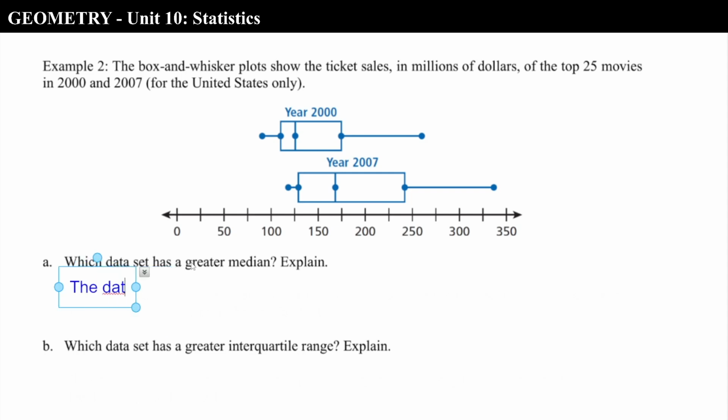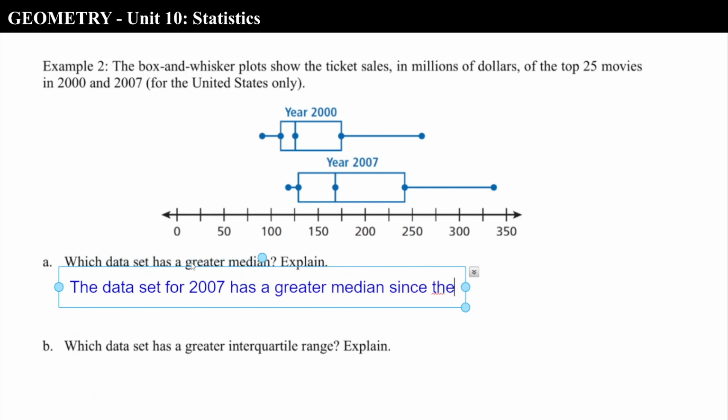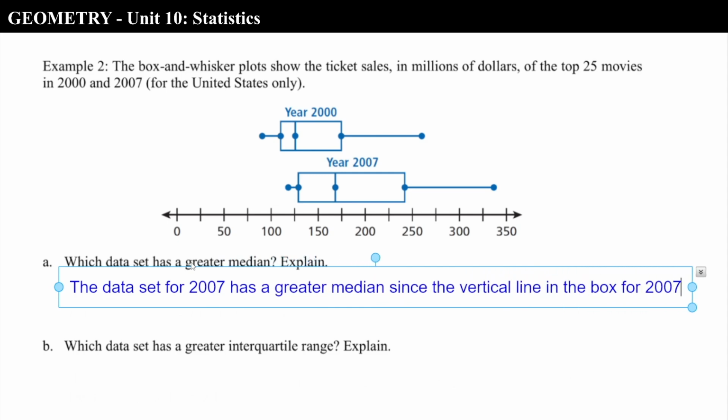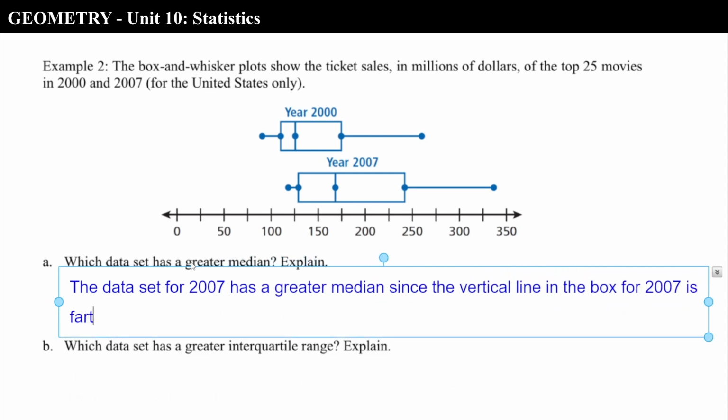The data set for 2007 has a greater median since the vertical line in the box for 2007 is farther to the right than the vertical line for the box for 2000.